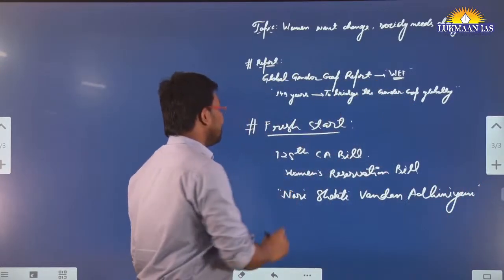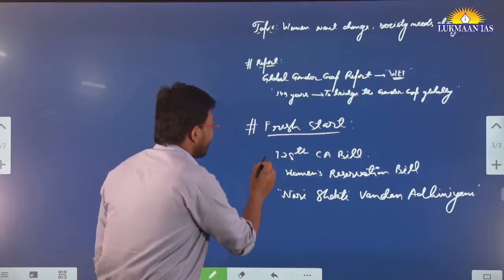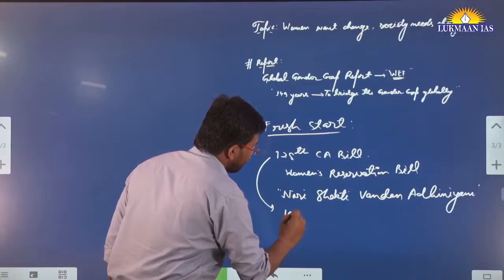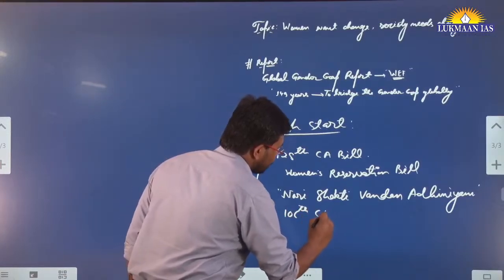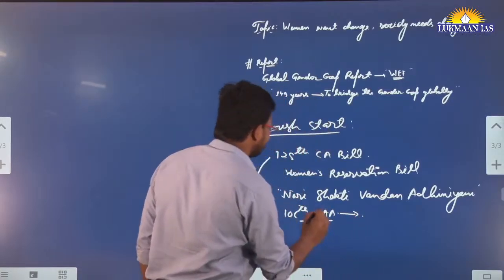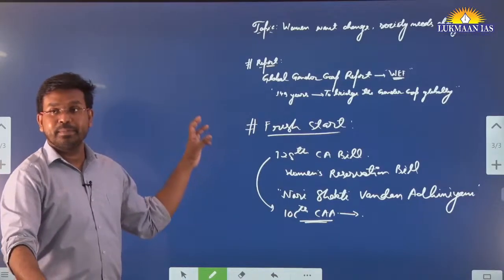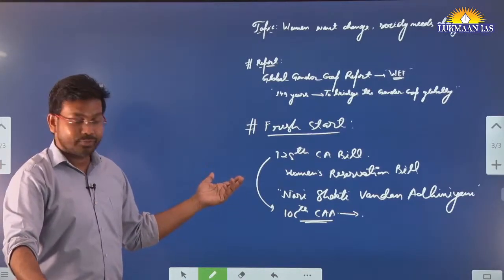Through this 128th Constitutional Amendment Bill, we have passed the 106th Constitutional Amendment Act. This bill has been passed by both houses of Parliament, and it has been assented to by the President of India also.